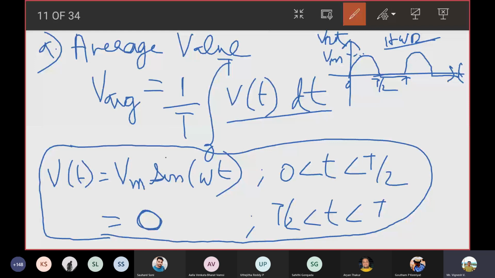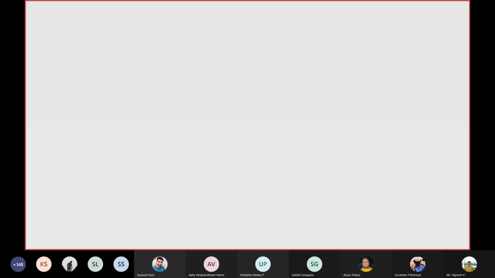We'll substitute this V of t in the V average formula and find the average value of the half wave rectifier. When I say average value, I obviously mean the average output value. Again, we are checking the output side, and I'm not concerned about the input now.